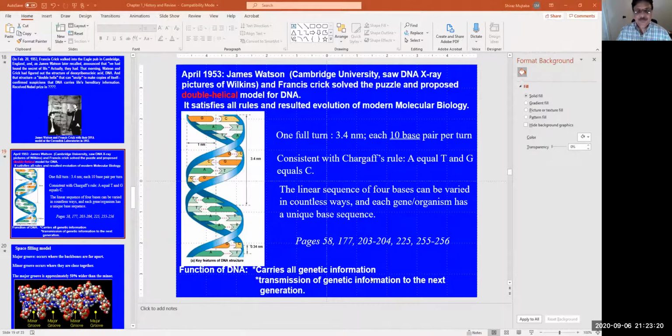And also what I want you to focus on is, let's say this is the DNA, and this is one of the DNA strands, and the second strand is like this, right?